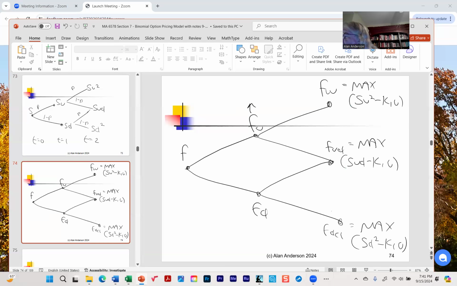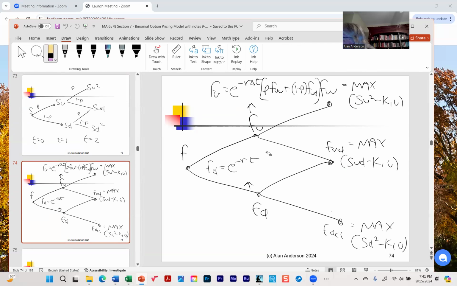FU will be the present value of the two nodes that we can reach. We just barely squeezed that one in there. And then this one, hold on.